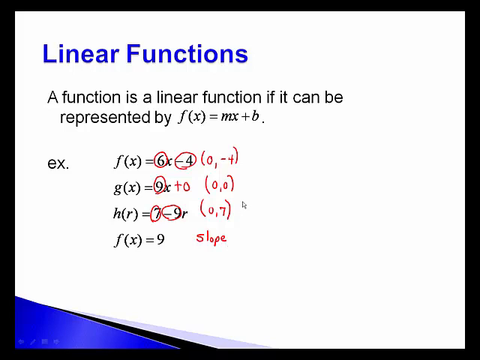Well, we don't see any number in front of an x. We don't even see an x. So your slope this time is equal to 0 because 0x is what's there. You don't see it written. If you think of it, it would have looked like this, and that's why you don't see it. So your slope is 0, and what is your y-intercept? (0, 9). By the way, that last one is nothing more than a horizontal line located 9 positions up the y-axis.